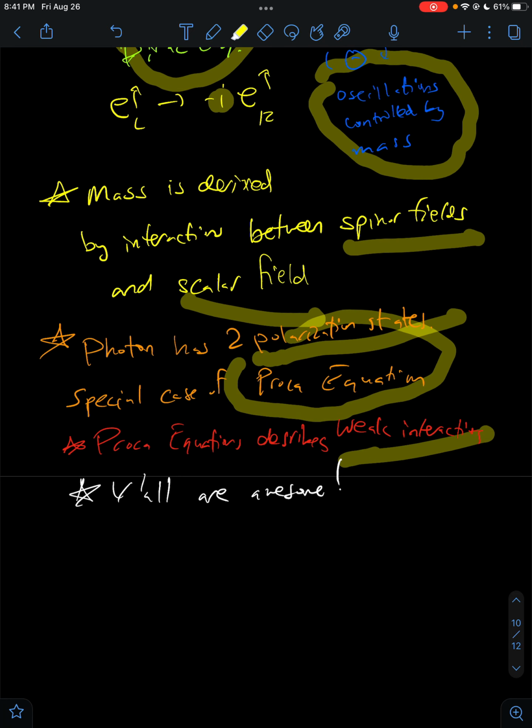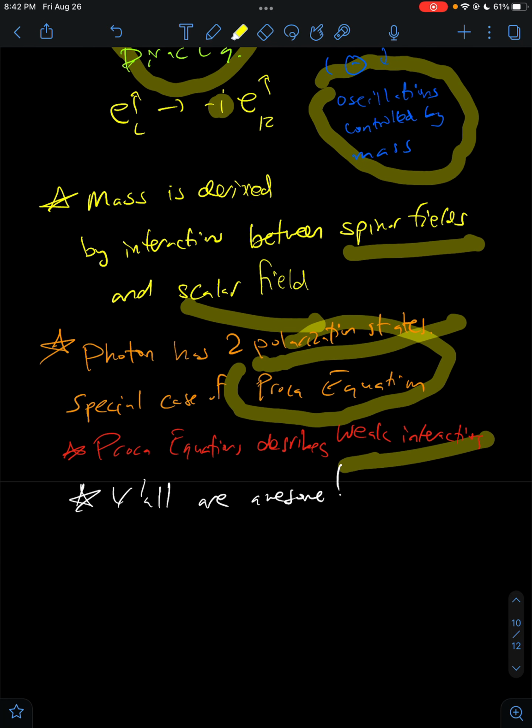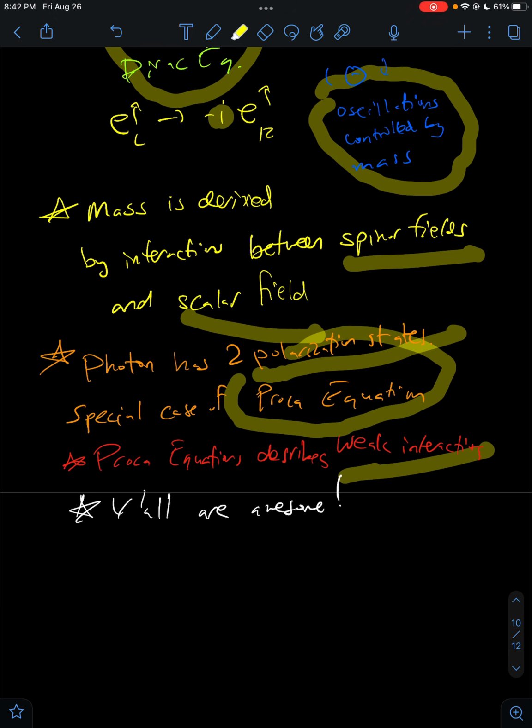And yeah. So the Proca equation is often ignored by physics professors in textbooks, because it describes the weak theory, which isn't really that popular, right? It's pretty, I don't want to say obscure, because if you're a particle physicist, you would have learned about it, of course. But it's really mathematically detailed.